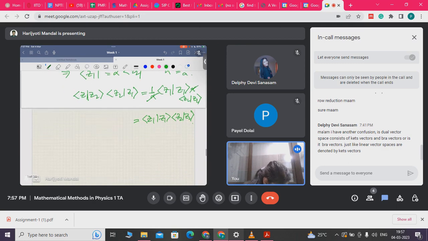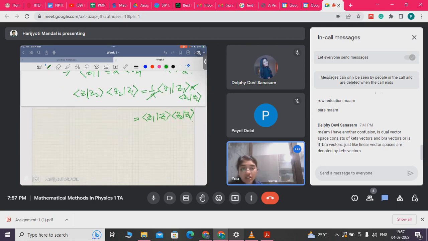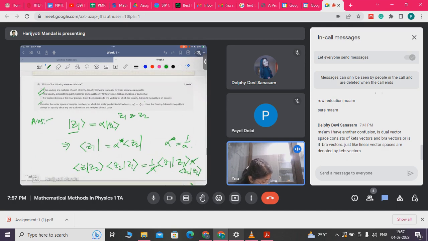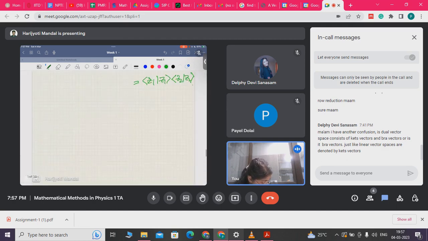So alpha alpha star will cancel out, then z1 z1 z2 z2. So the Cauchy-Schwarz inequality becomes an equality if and only if the two vectors are multiples of each other. So B is true, A is true.